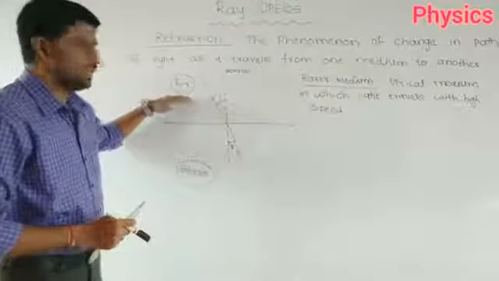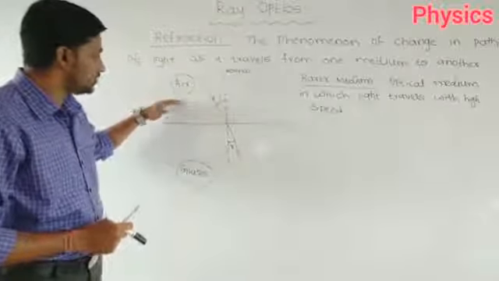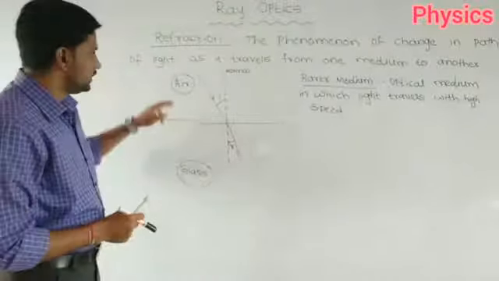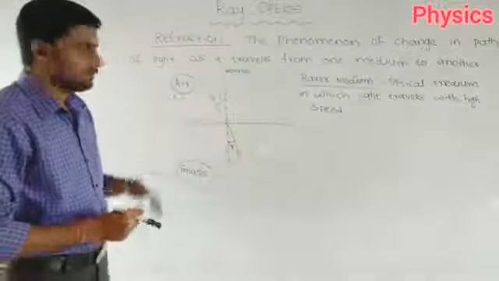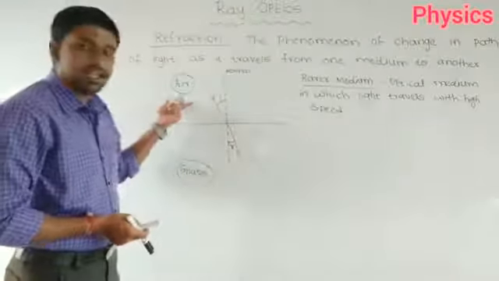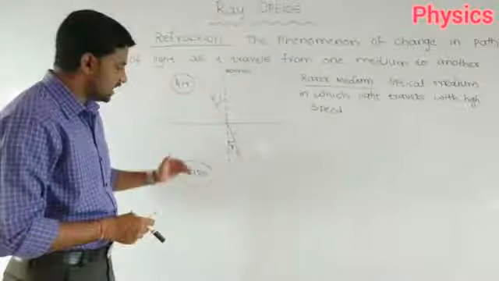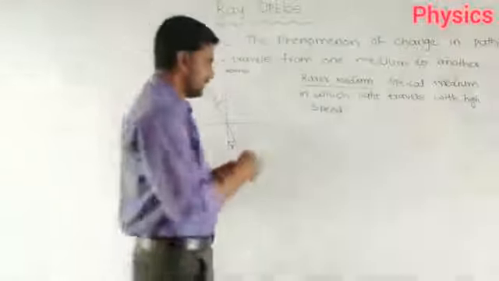In this case, air is a rarer medium, because if you compare air and glass medium, in the case of air medium, light will travel with high speed. So here I am considering air as a rarer medium, and glass I am considering as a denser medium.